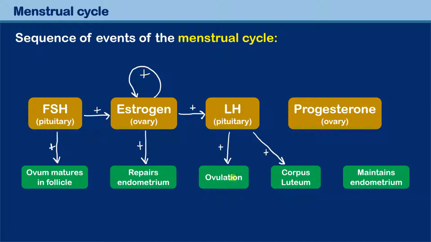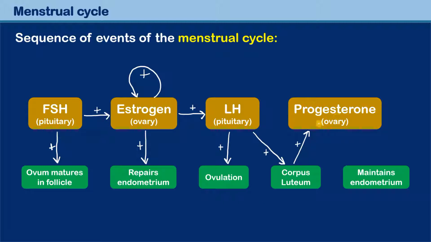So we've removed the egg cell, but the remaining follicle is called the corpus luteum, and it is still good for something because the corpus luteum, the empty follicle, produces progesterone, the next hormone. The empty follicle starts to produce progesterone, and this is produced by the ovary because the corpus luteum can be found, of course, in the ovary.